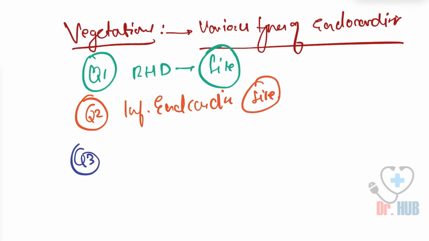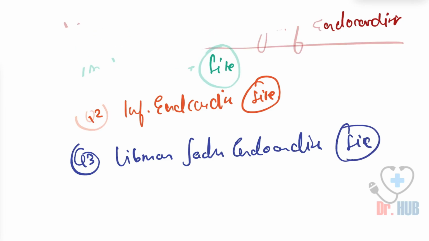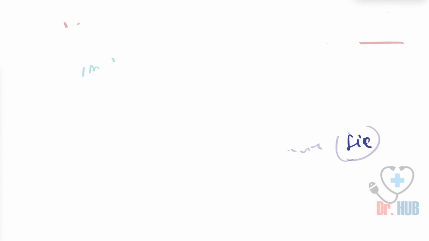The third question will be, in case of Libman-Sachs endocarditis, where is the site? In this video, we will find out the answers to all these questions and learn a lot more about this subject. First, we will start off with RHD.